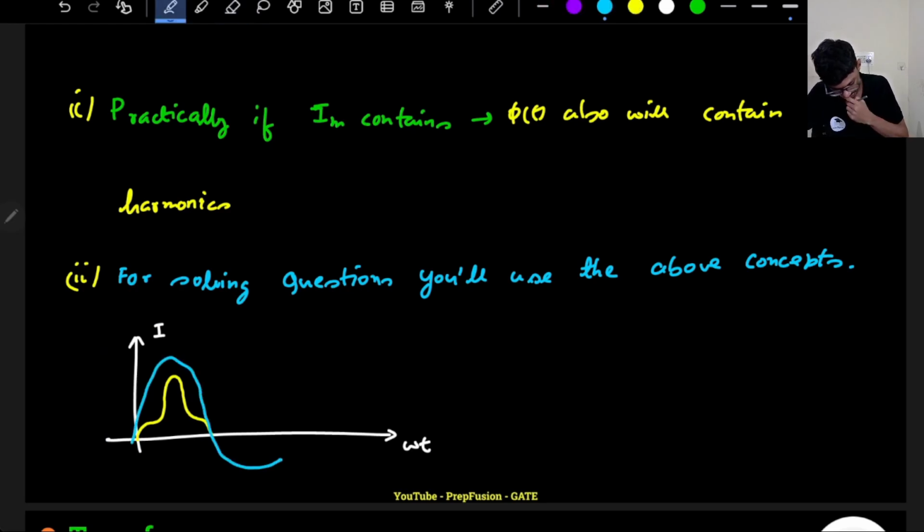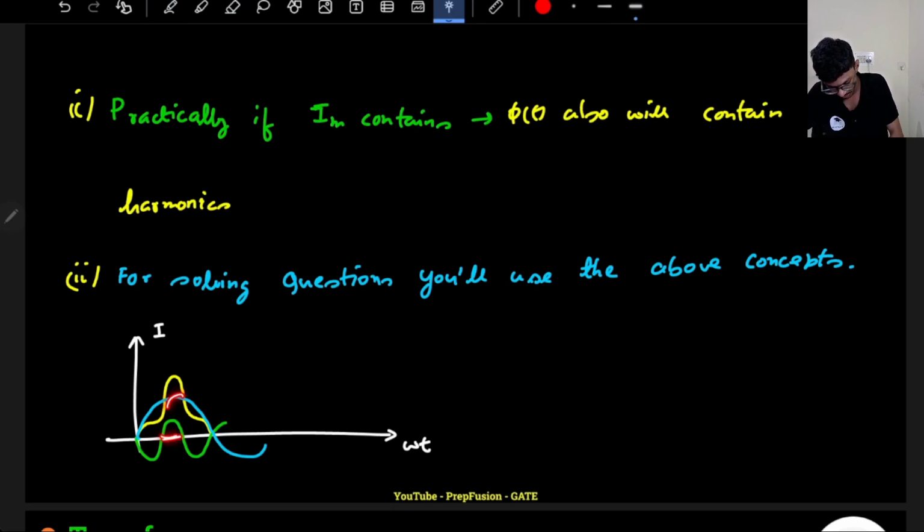Other components will be somewhat like this. Here, during this place it is negative and this is positive, so the superposition of these will be somewhat like this, and both are positive in this particular region. Sorry, my graph is wrong, this should be here. Not perfectly sinusoidal, but I hope you understand the point. Here both are superimposing, so both will be added, and here both will not be added.